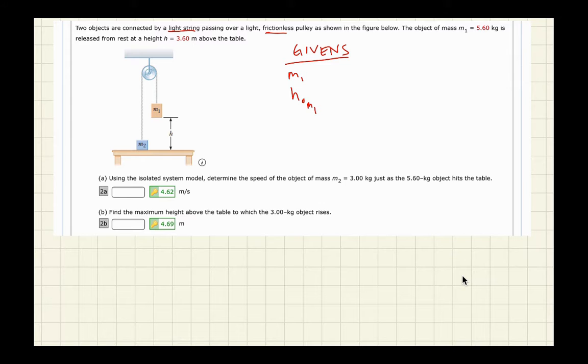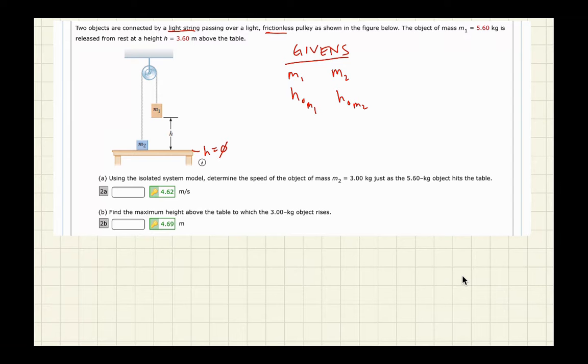And then below, it asks me to determine the speed of object mass M2 just as the M1 object hits the table. So M2 is also a given value here. And the starting height of M2 is also known. We'll define that as height 0.